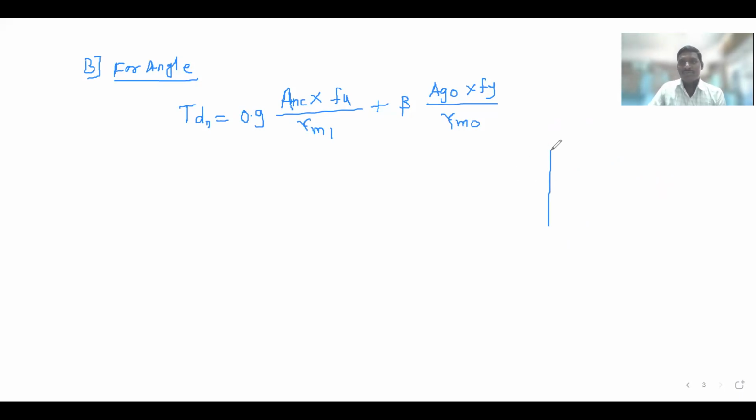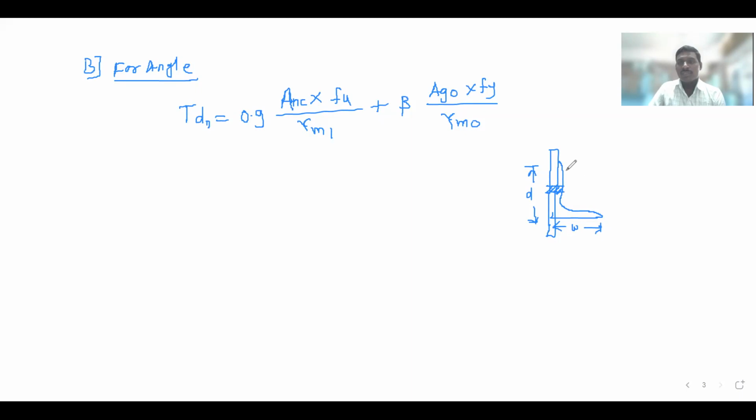If you see now, this is your plate, and to this plate an angle is connected with this particular bolted connection. So this is the depth of the angle section. This is the width of the angle section.